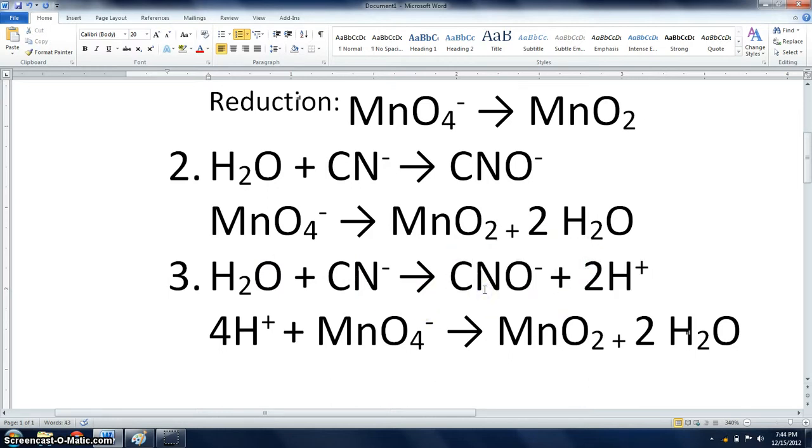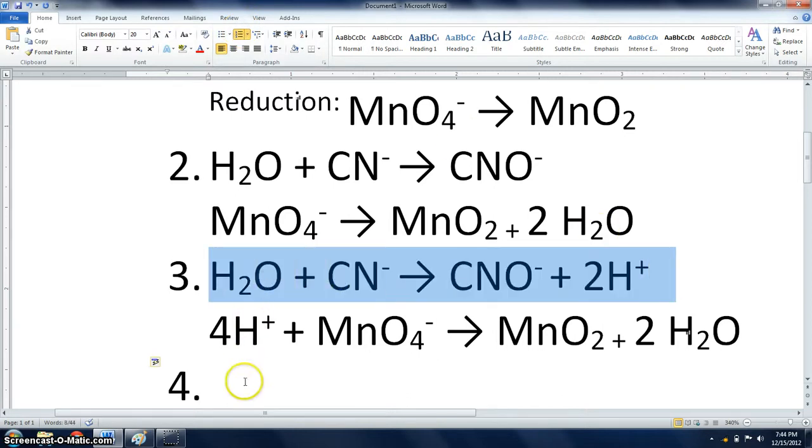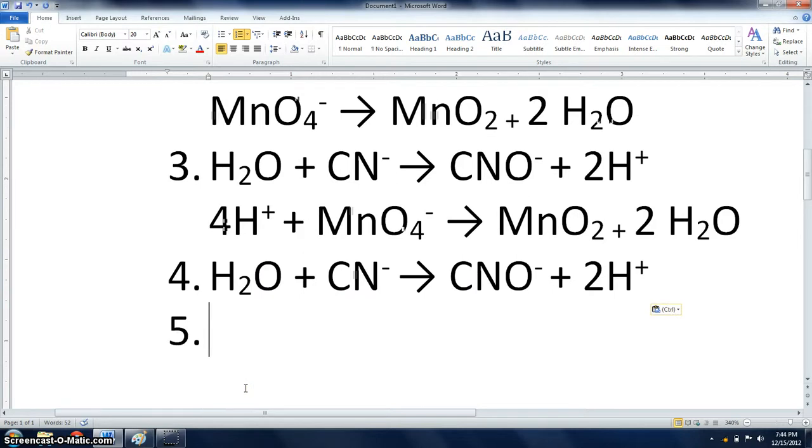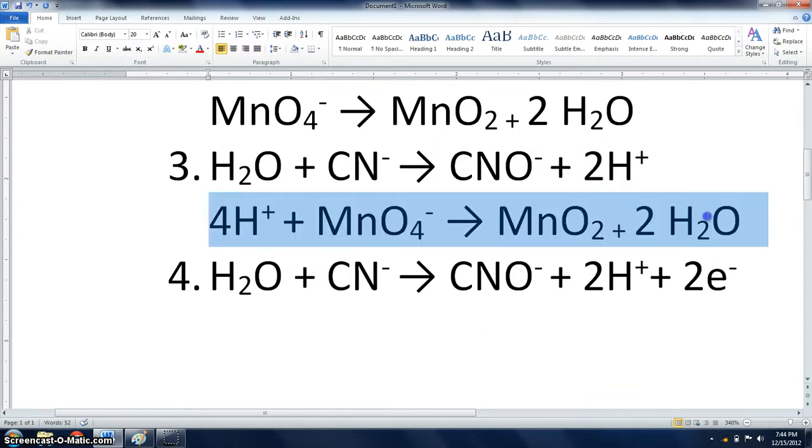So to get this side, the right side, down to -1, we're going to have to add 2 electrons. So that's now balanced.